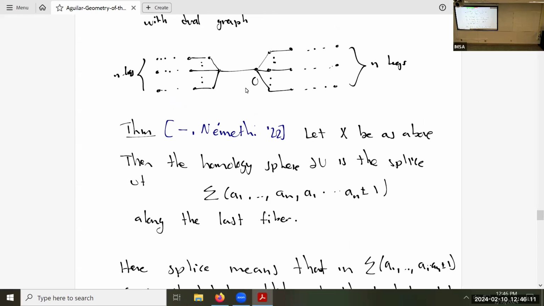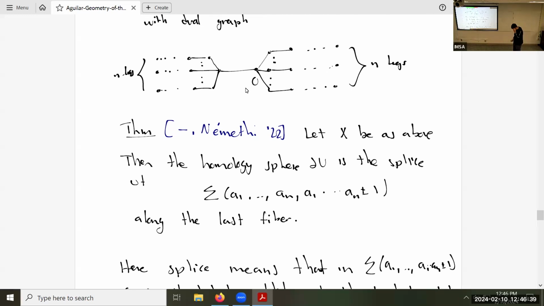So you will have some weights that will depend on these A1, B1 to An, Bn. You will have some continued fraction, and the weights of these things will be given by those. But the important thing is that you will have n legs here, and you can basically think that this is the n plus 1 leg that is glued here.